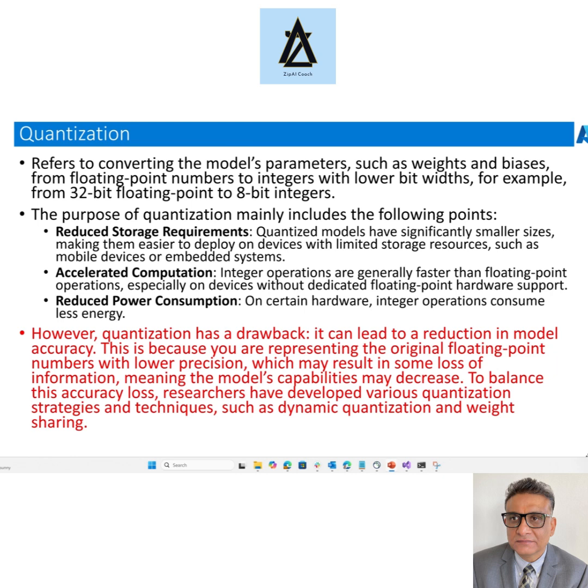What you do in quantization is convert the model parameters, which are weights and biases, from a high precision value like a floating point number to a low precision value like an integer, which requires fewer bits without compromising a lot in terms of accuracy and other parameters related to model performance.